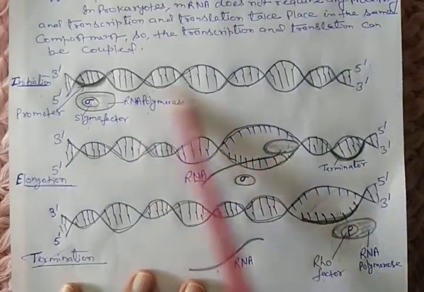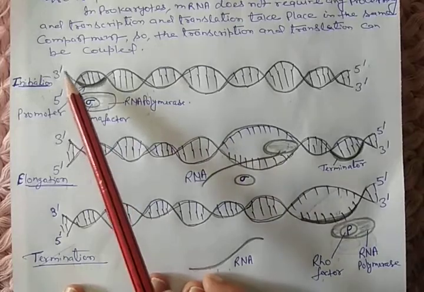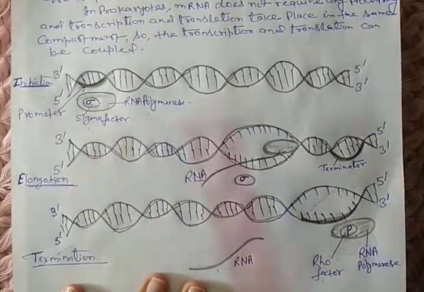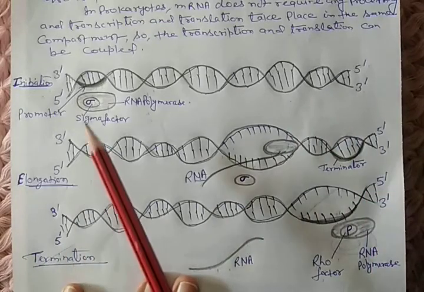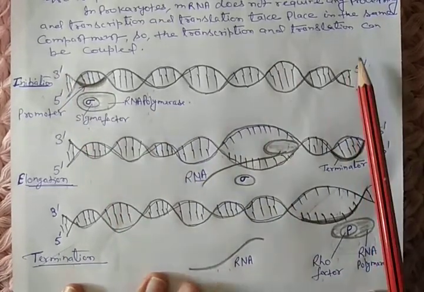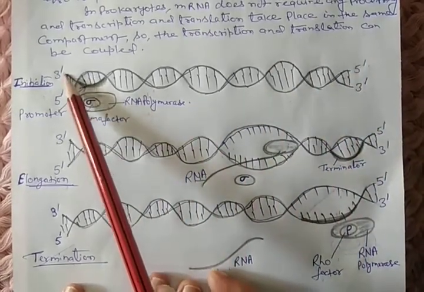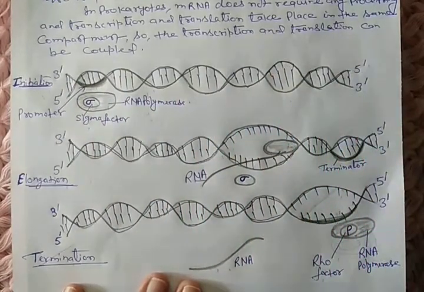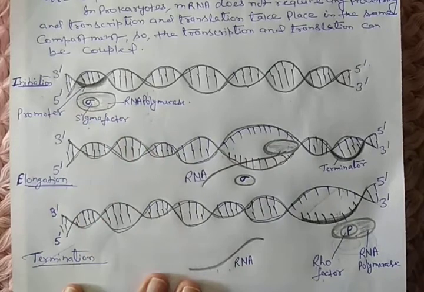This is the DNA, and this is the 3' to 5' strand, and this is the 5' to 3' strand. We know that this 3' to 5' strand acts as the template strand, and the other one is the coding strand.